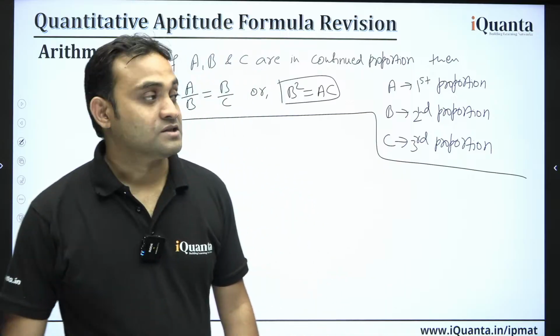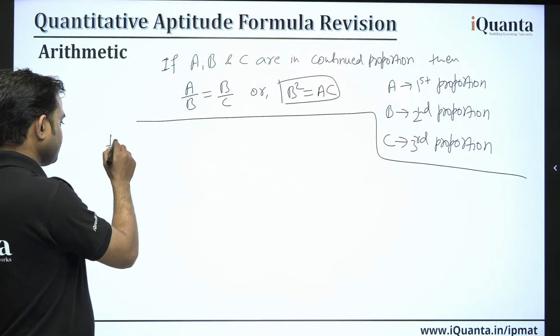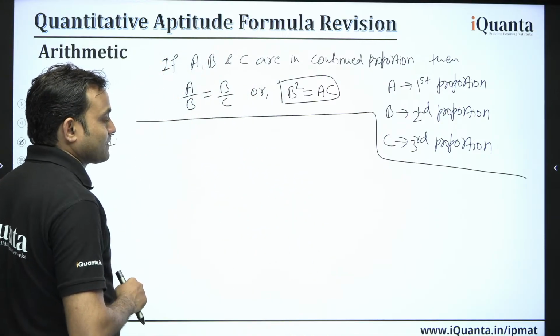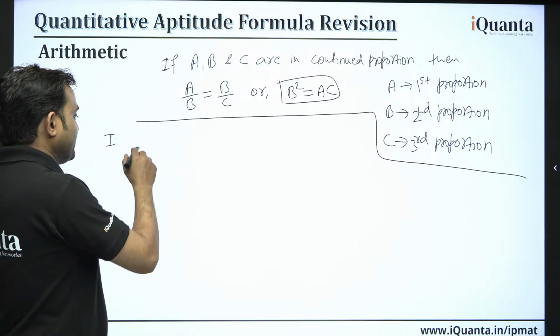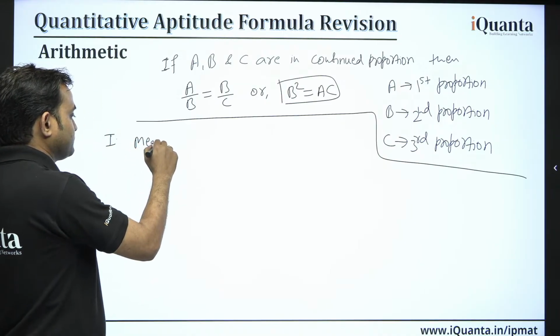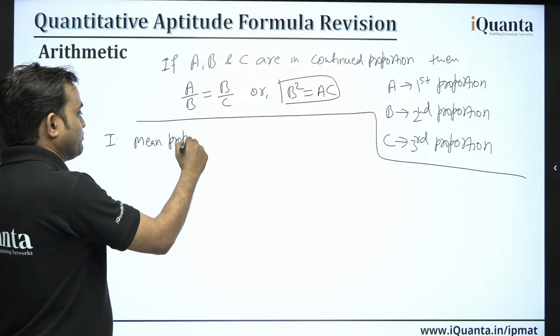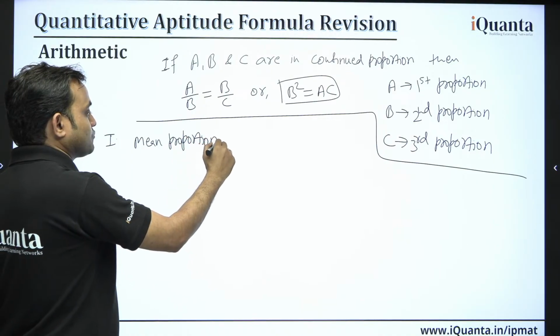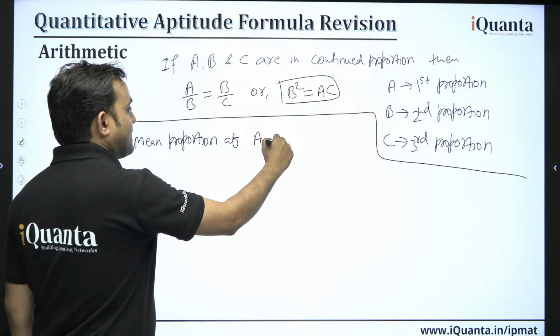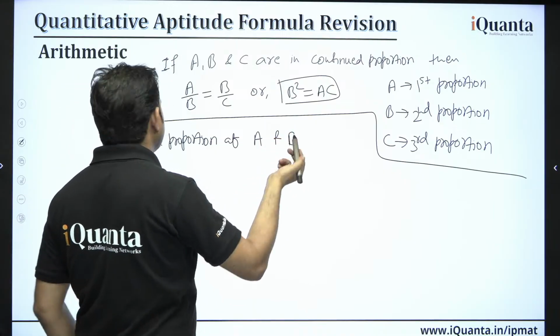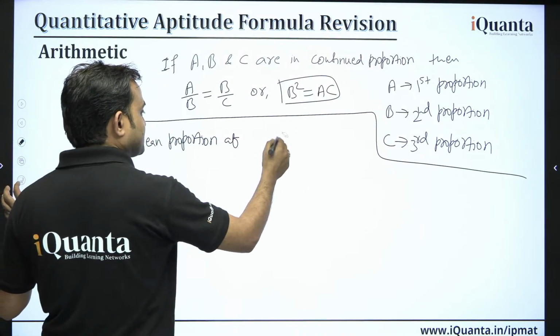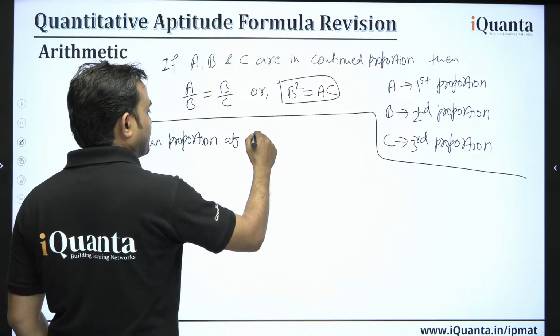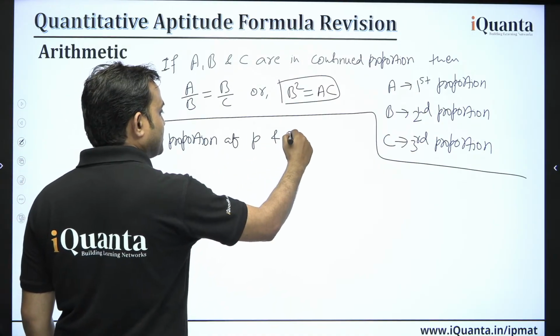Okay. So, let us say the mean proportion of x and y. Let's take two other variables, p and q, mean proportion of p and q.